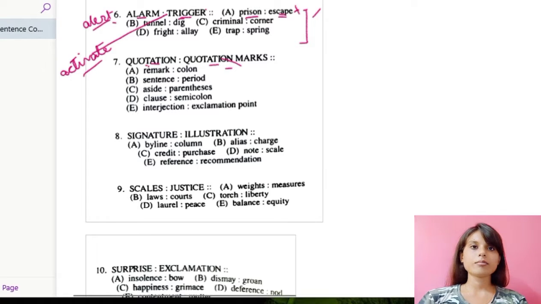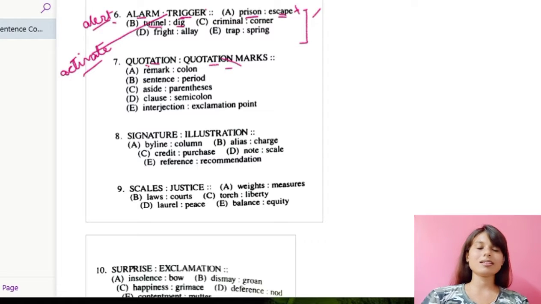Let us move over to option B, that is tunnel and dig. Now tunnel, you all know, it's like a cave, a long cave. It can be a pipe also, a long pipe. So various meanings are there. And dig means you are digging something, like in the form of a well or anything deep you are digging.